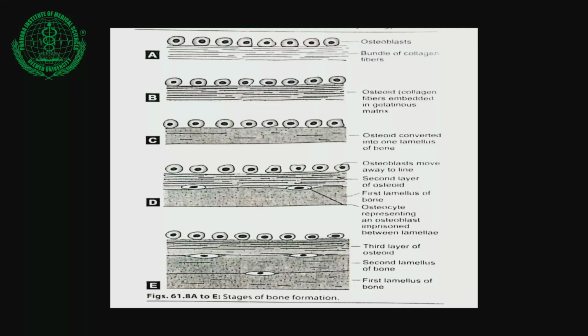So osteoclasts contain many mitochondria and lysosomes. The phosphatases, type 4 collagenase and lysosomal enzymes cause dissolution of bone matrix.